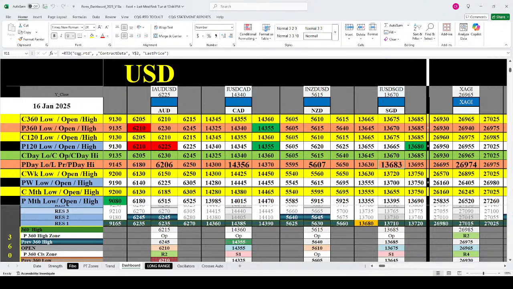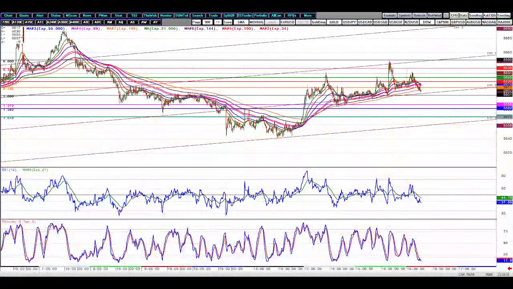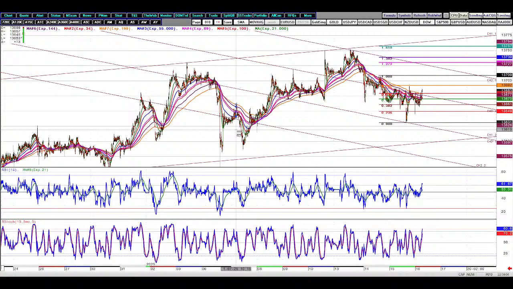Okay, let's see what the chart says. Let's look into the price flow. The chart is giving us something similar to, I think, the Canadian dollar, if I'm not mistaken. It broke the previous low, moving average confirmed, and right now is consolidating.